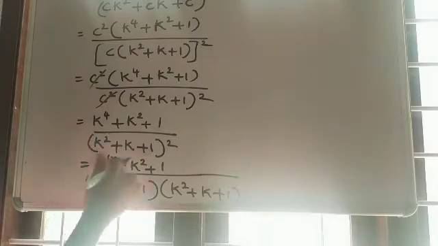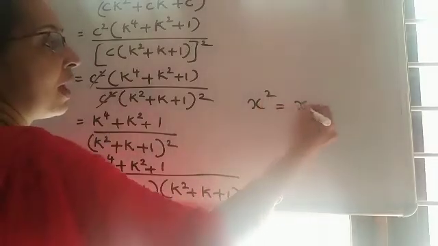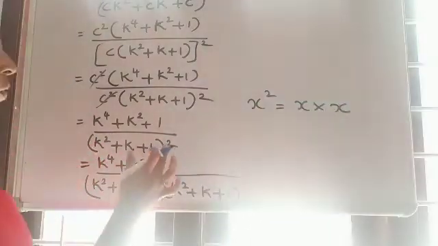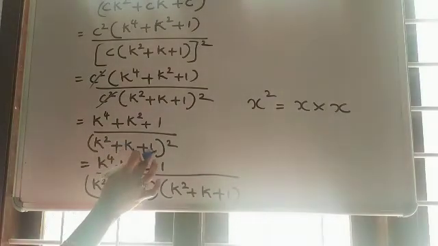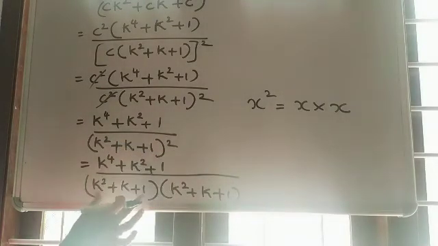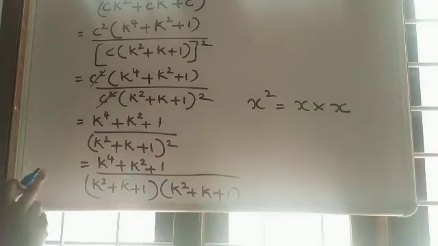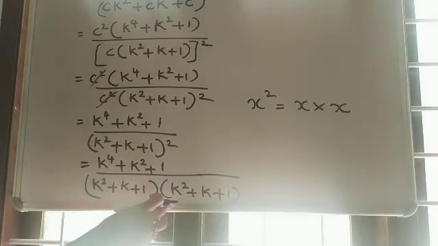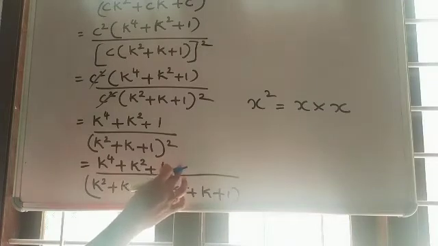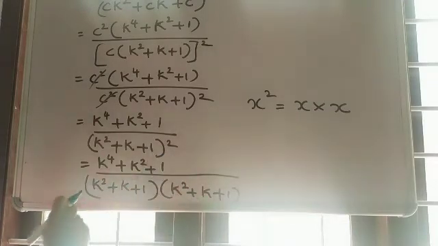That means x square means what? x into x. Same way, K square plus K plus 1 the whole square means K square plus K plus 1 into K square plus K plus 1. So, if we are getting one K square plus K plus 1 in the numerator, we can cancel, no.